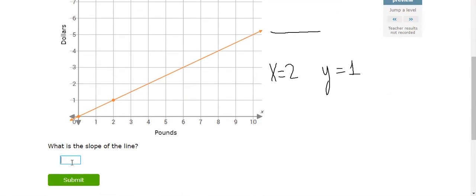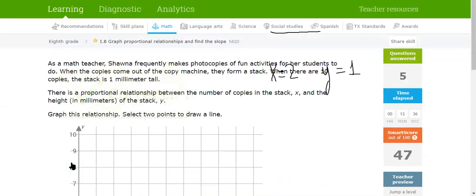It's going to be Y over X, which is K, the constant of proportionality. 1 divided by 2, 0.5. Okay, let's write 0.5. This is the slope of the line. Or you can also write 1 divided by 2. And next, clear all drawings.